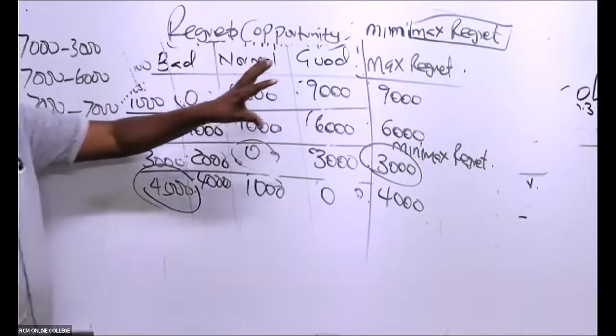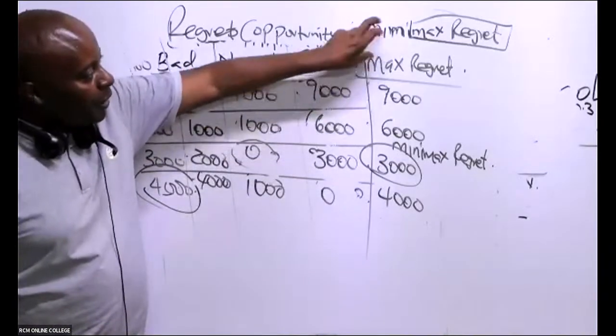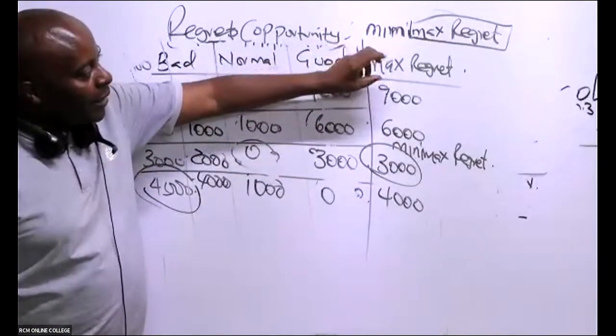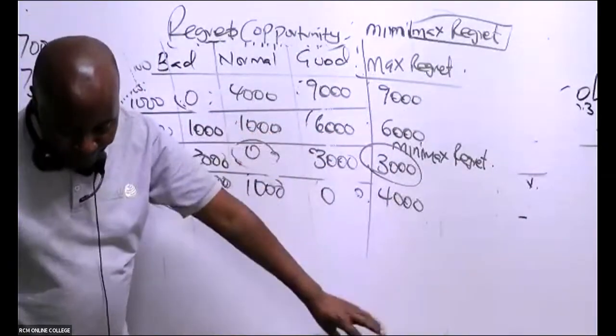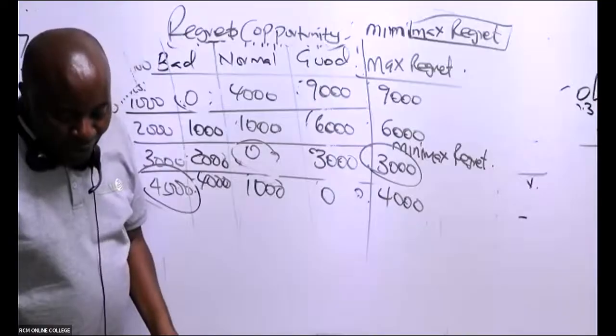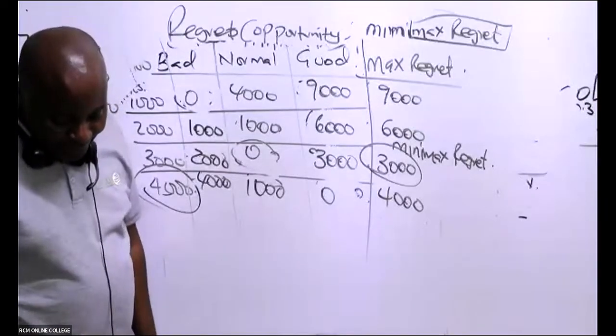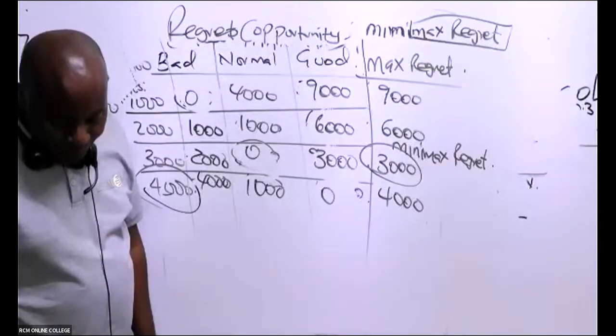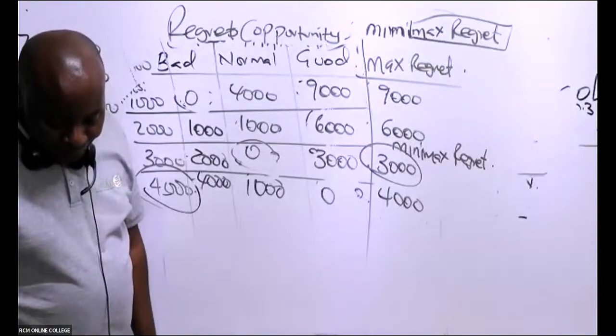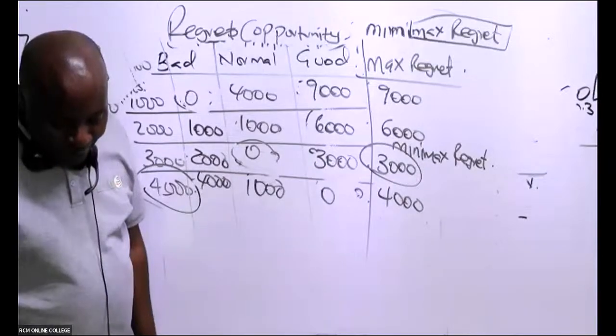After getting the maximum regret for each, you minimize the exposure. Out of all these, you pick the minimum. I know you will get time to practice, because it is all about practice.